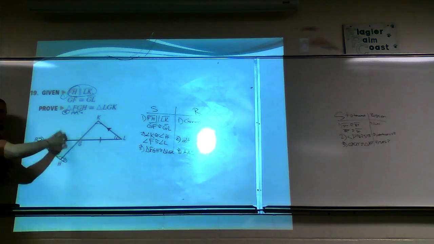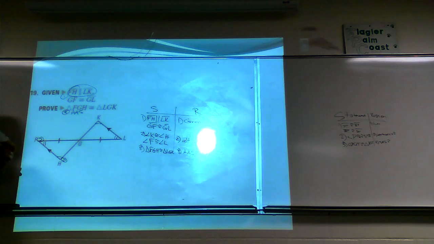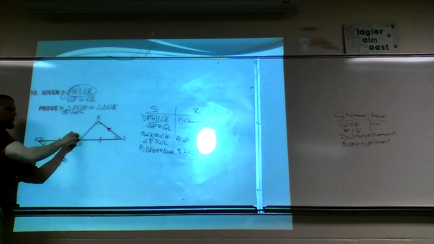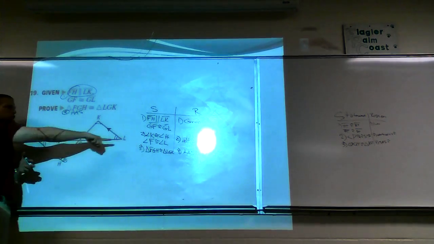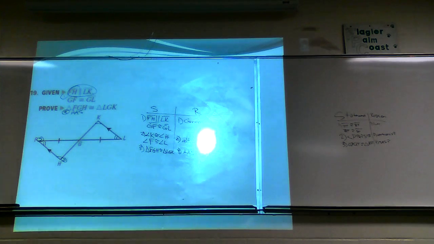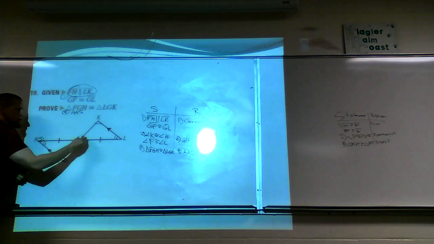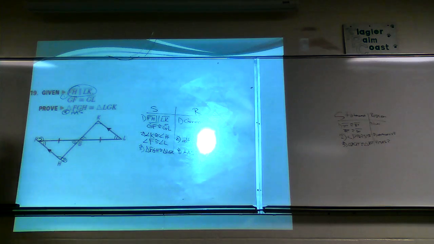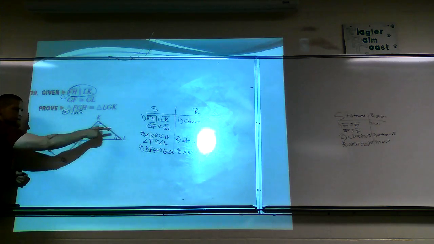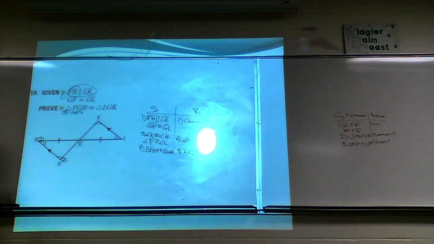Do all the work on here first, like marking everything off you know is congruent, and anything that you mark congruent needs to translate into a statement. Even if you forget the reason, guys, there's absolutely no need for someone to come up to this picture, put congruent marks there, and not write it there. If you draw it on here, write it as a statement. It should be like a 1-to-1 translation, guys. Okay?